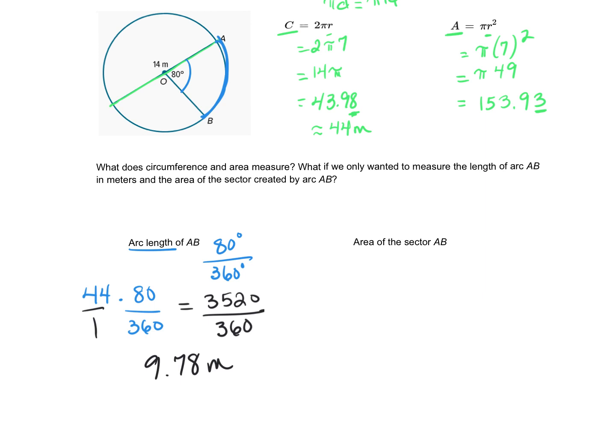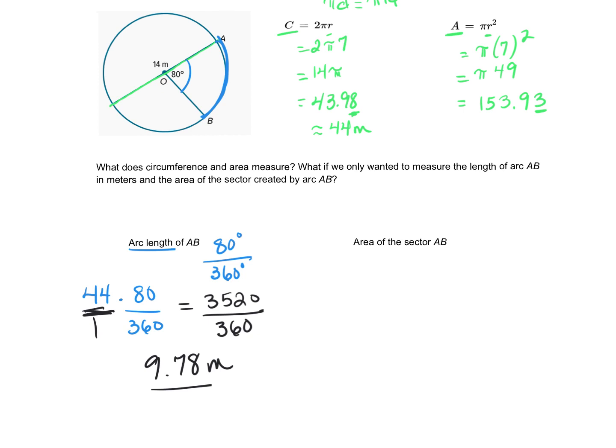So for the most accurate answer, it is best to just multiply the total circumference by the fraction. So arc AB is 9.78 meters of the total 44 meter circumference.